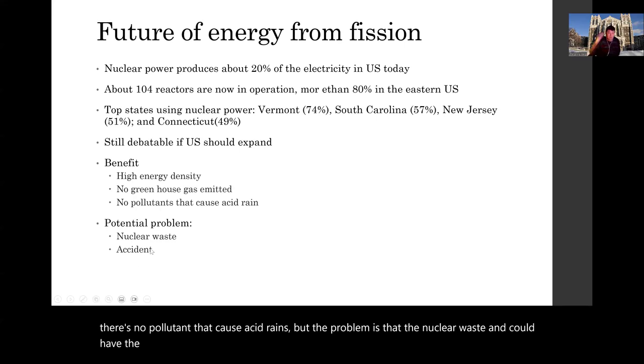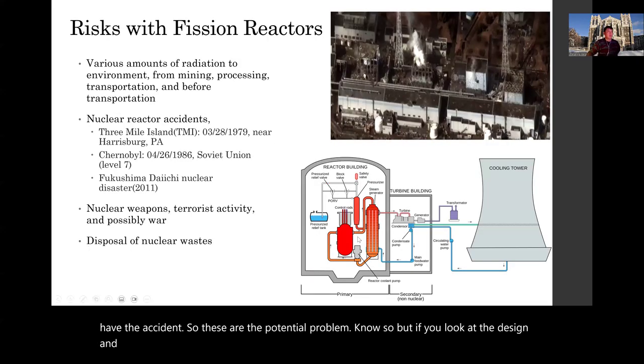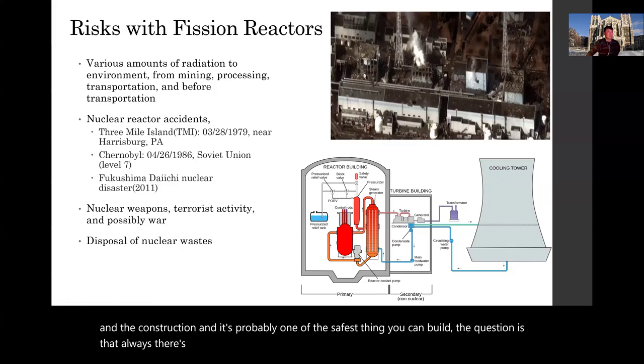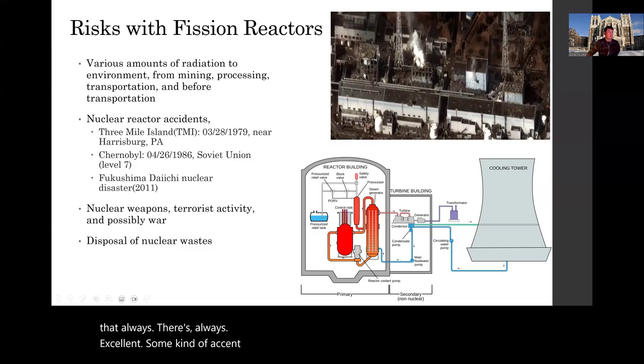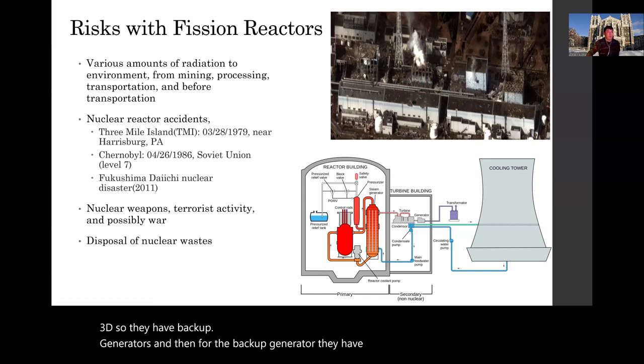These are the potential problems. But if you look at the design and construction, it's probably one of the safest things you can build. The question is that there's always some kind of accident. Even for Fukushima, they considered the risk of losing electricity, so they had backup generators, and for the backup generators they had redundancy, a backup of the backup generators.